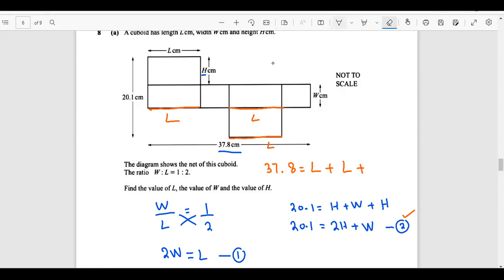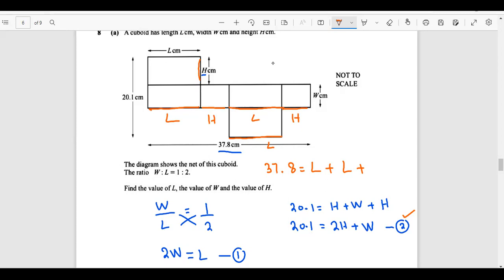So this is going to be H, and this is also going to be H. This length matches this length.